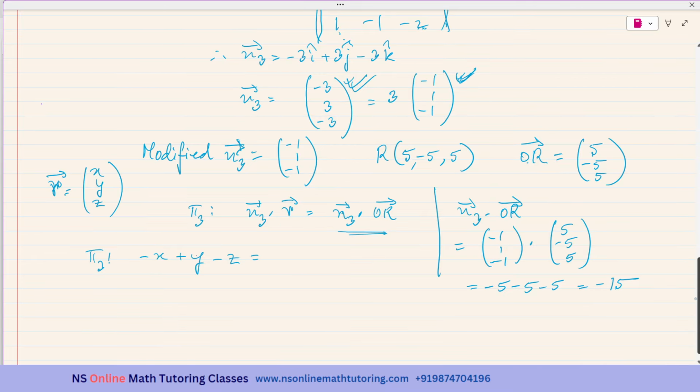This is equal to negative 15. You can write it as negative x plus y minus z equal to negative 15, or you can write x minus y plus z equal to 15. Whichever equation you want to give, you may give it. Okay. This is the equation of plane pi 3 and the answer for subpart B.